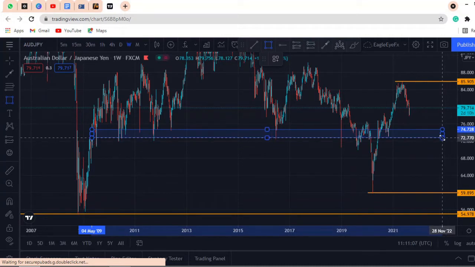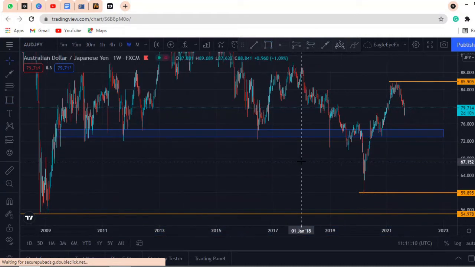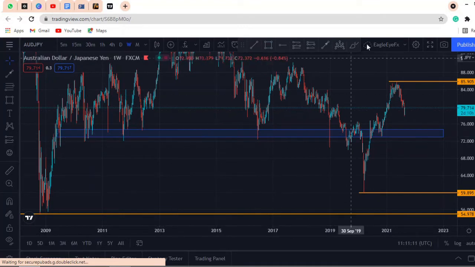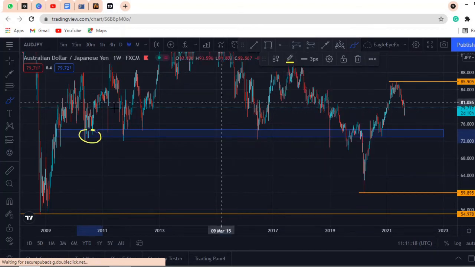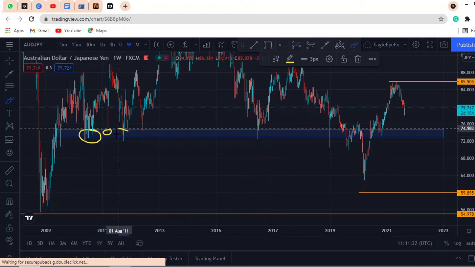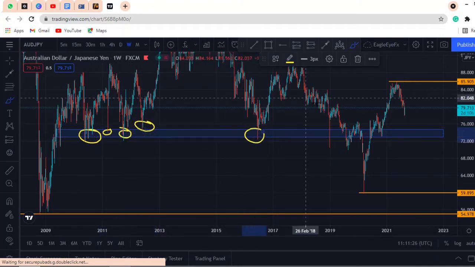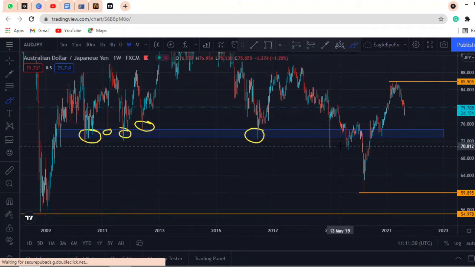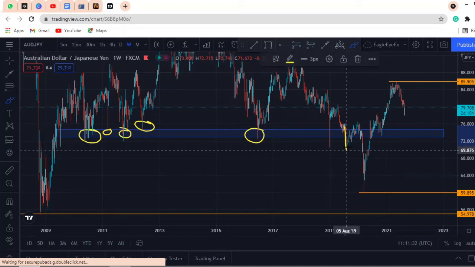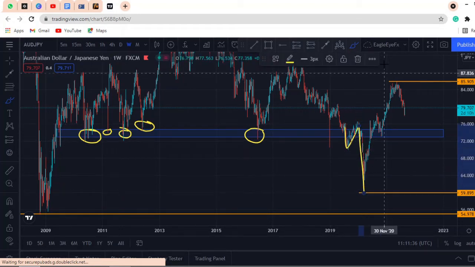The reason why I've drawn that is because you see that there's some sort of support here, and then another one here, another one here, then another one here. The market came from support, tried to break out, gave some fake out, then the market came and broke, then tried to retest, and then it went down.